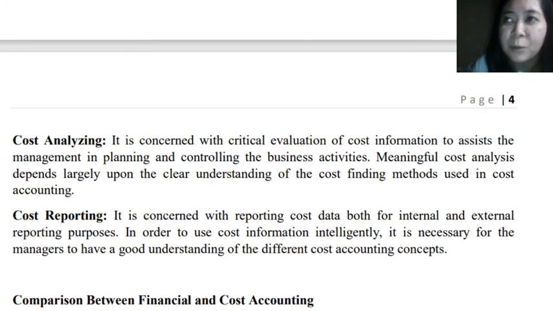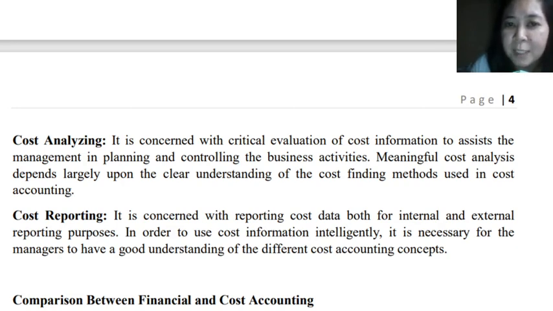How does the management use this data to plan, budget, and of course to control the cost for their activities in the next accounting cycle? The aim of this is of course to minimize the cost so that profit can be maximized.